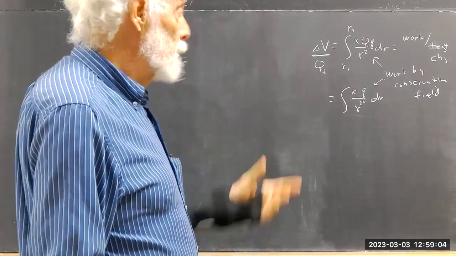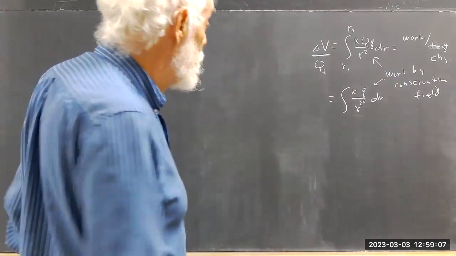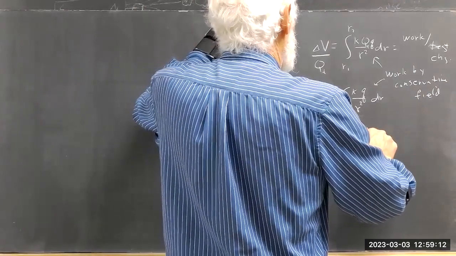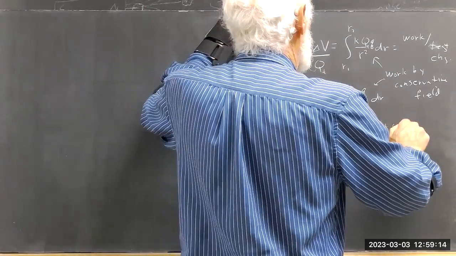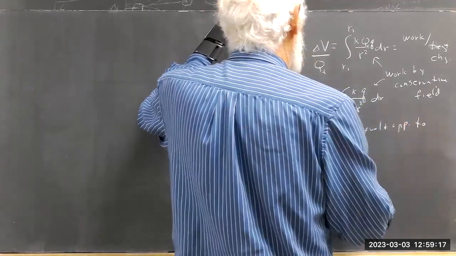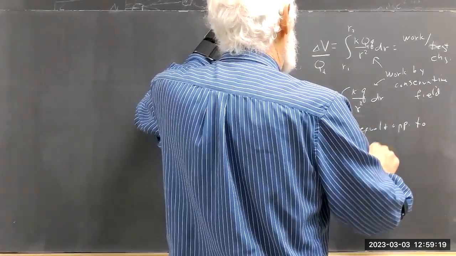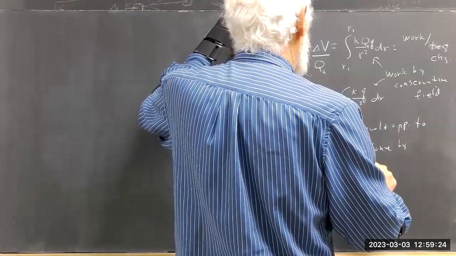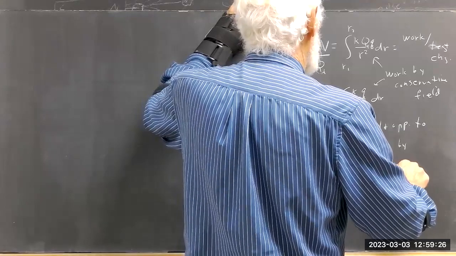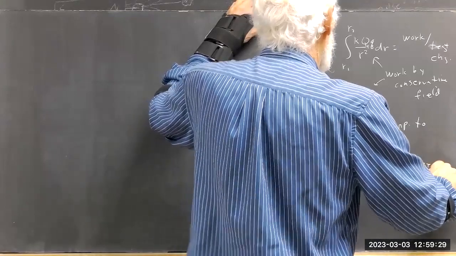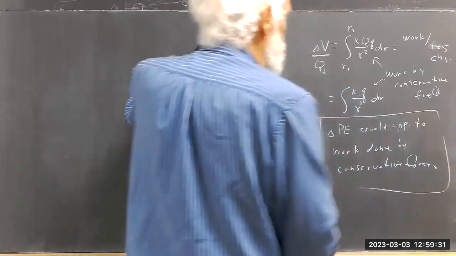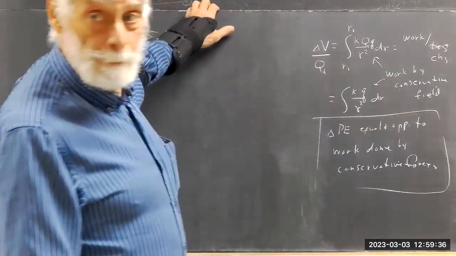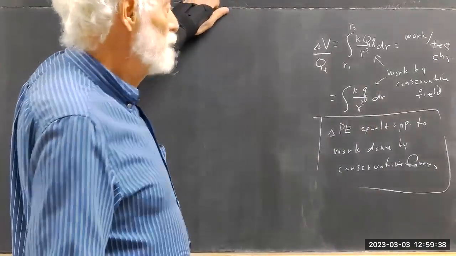What's the definition of potential energy? It's equal and opposite to the work done by conservative forces, which is the way I've consistently defined it throughout the course script, both semesters.